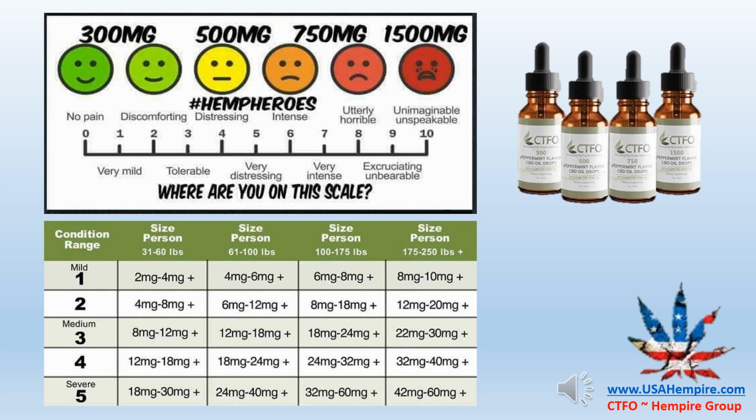So what this bottom chart is showing us is, considering the condition ranges from 1 through 5, we'll just simply pretend 0, 1, 2 is level 1, 3, 4, level 2, 5, 6, level 3, and so on, right? And then across the top, it suggests a size of person. So I'm going to use myself as an example. Let's just say that I am in the third range, somewhere around distressing, very distressing in a certain pain point.